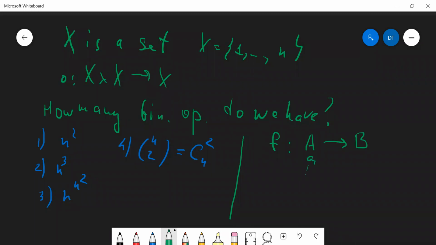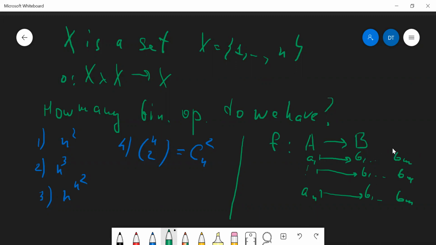List all elements. For example, you have n elements in A. Then you may take the first element to any element of B. Then you may take the second element to any element of B, and so on. And all options are valid.